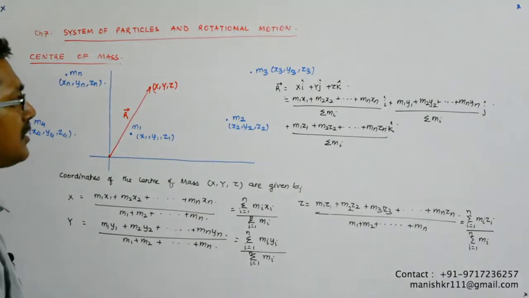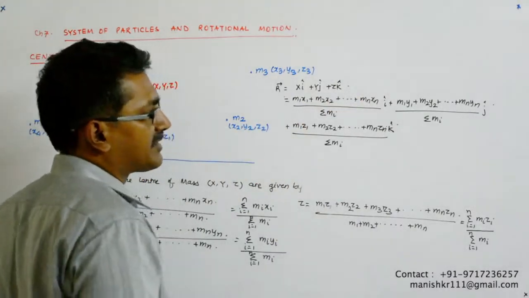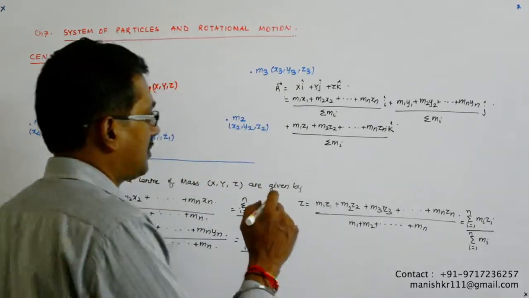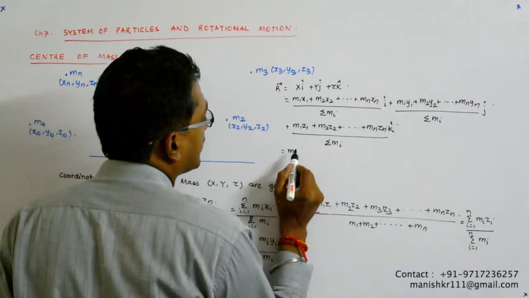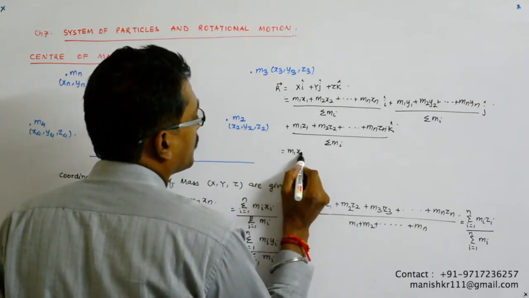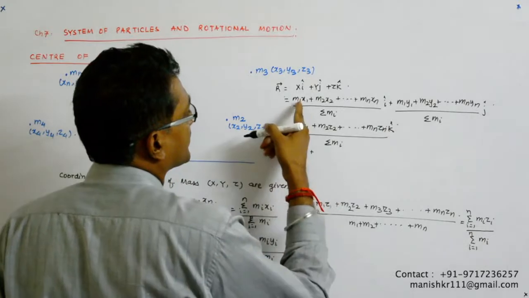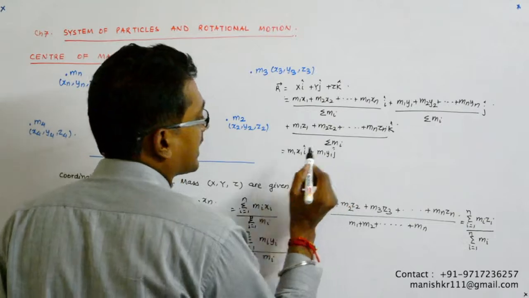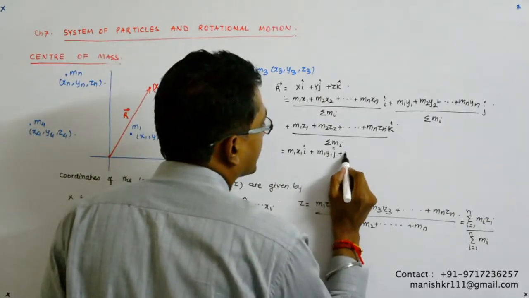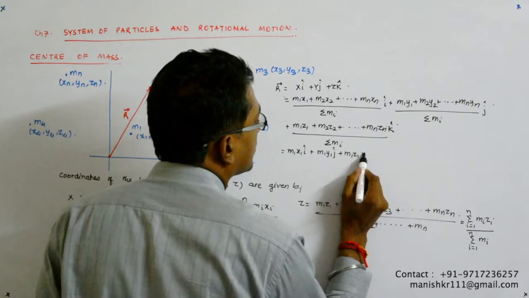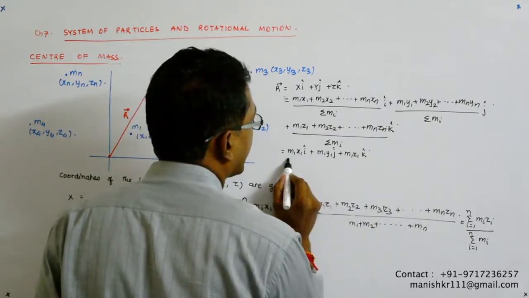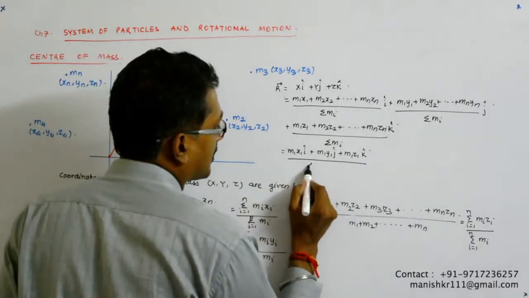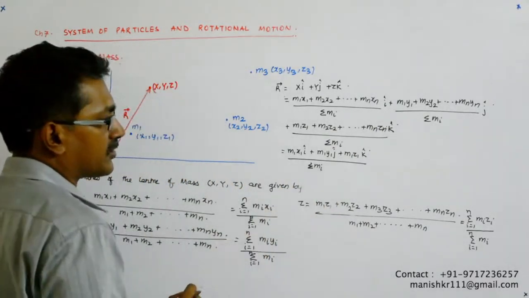Now what happens if I try to segregate the i, j, k components of x1, y1, z1? What do I get? I get m1 x1 i cap plus m1 y1 j cap plus m1 z1 k cap divided by summation mi.